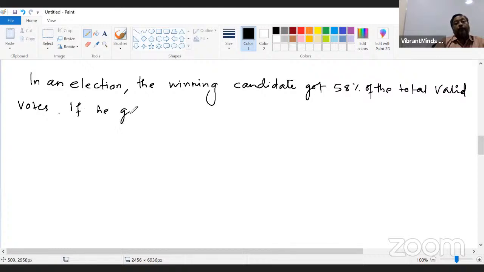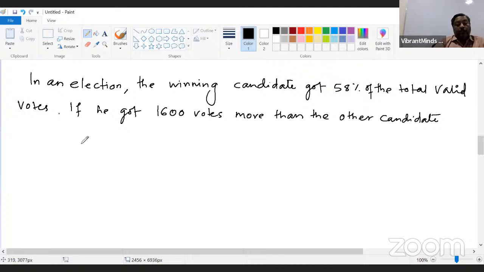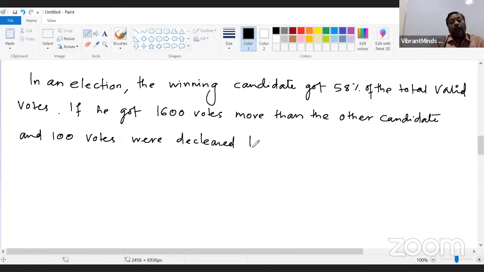If he got 1600 votes more than the other candidate, and 100 votes were declared invalid, find the number of votes cast.